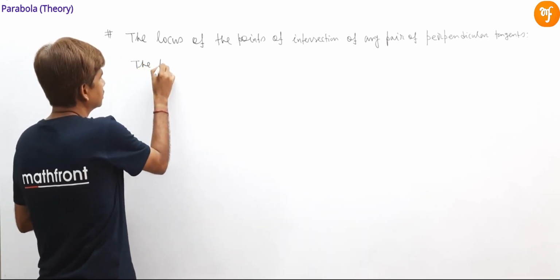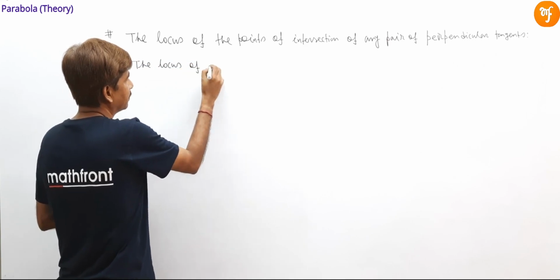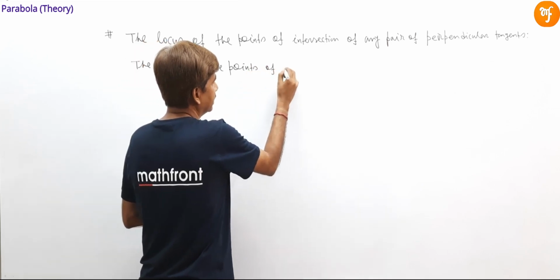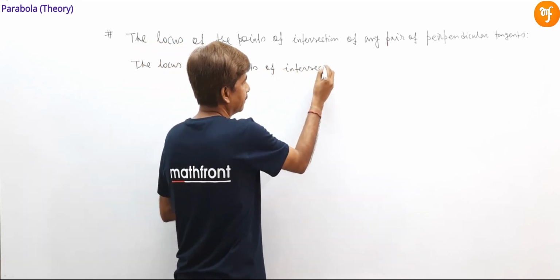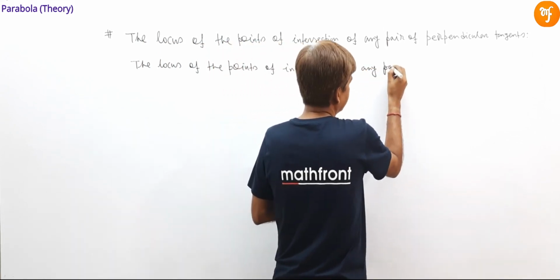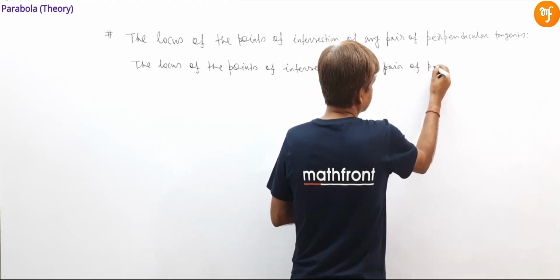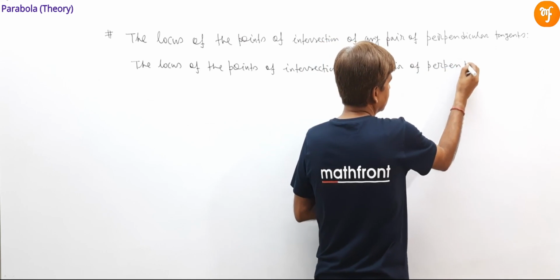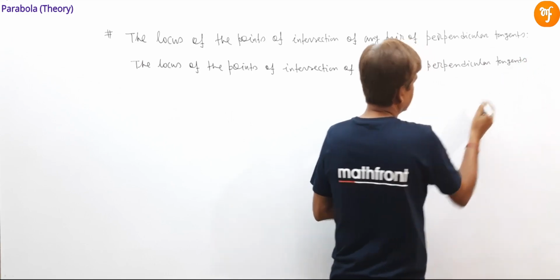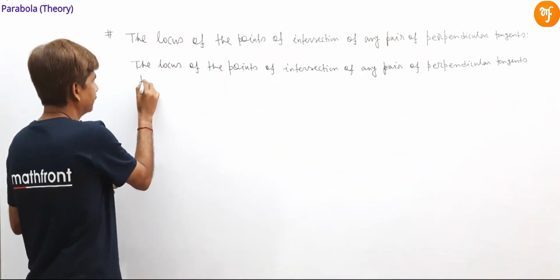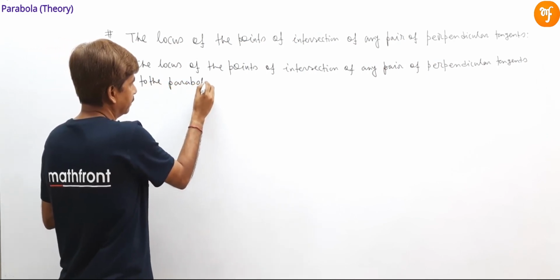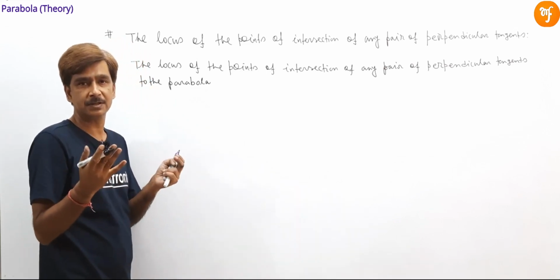The locus of the points of intersection of any pair of perpendicular tangents to the parabola will be its what?